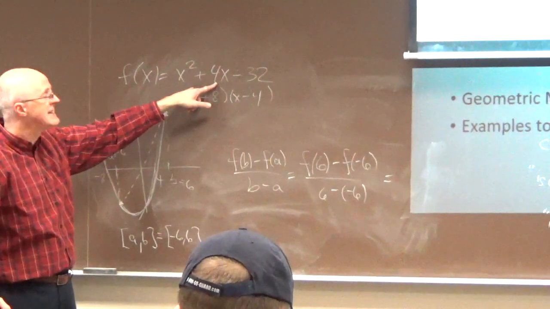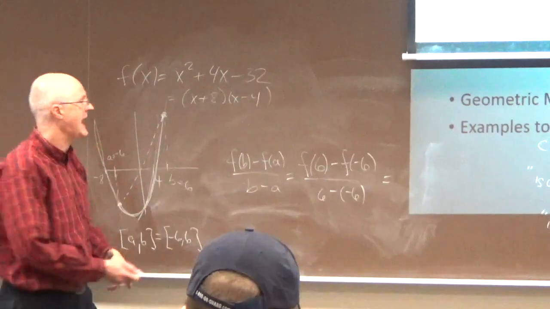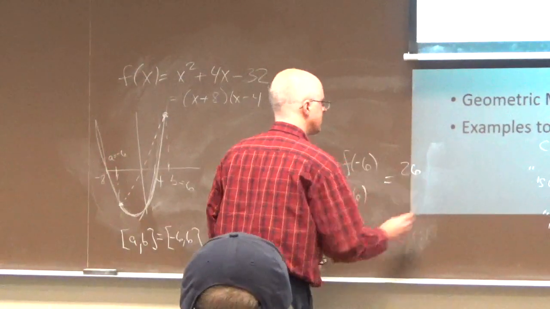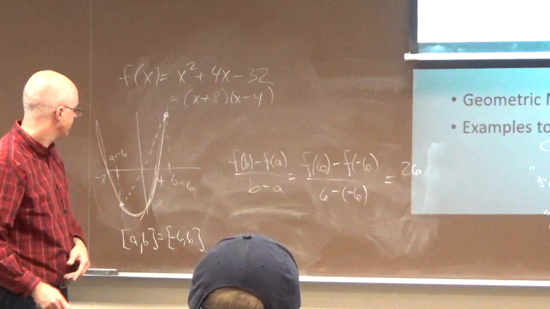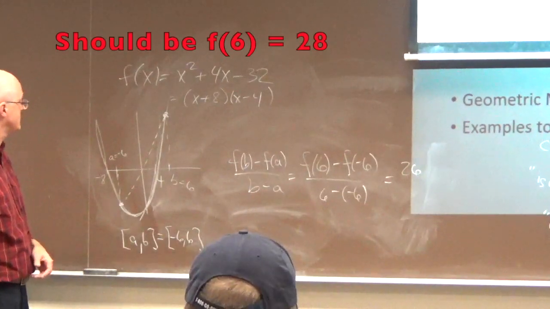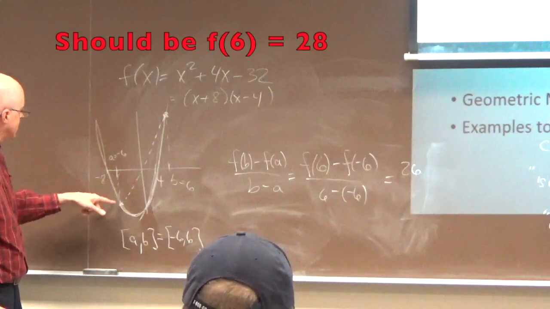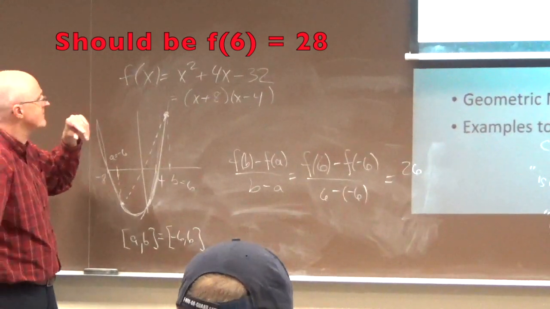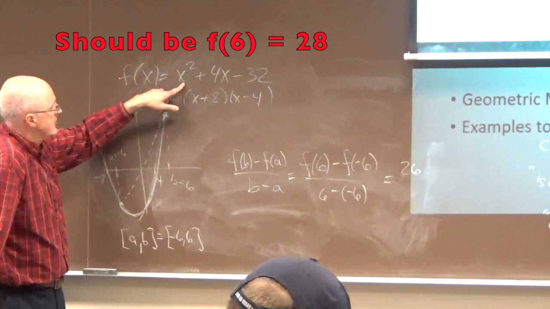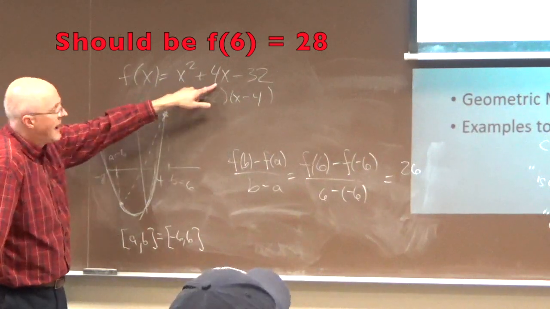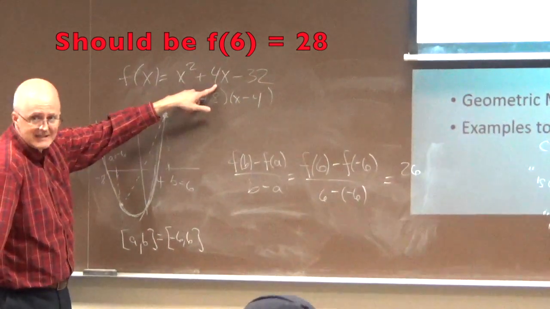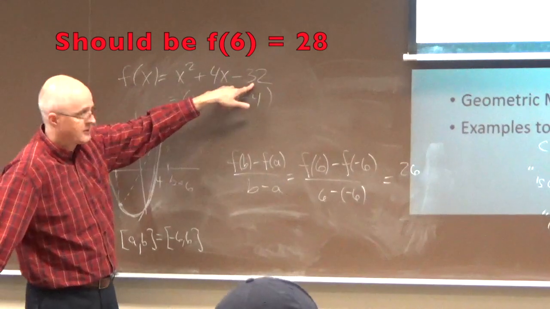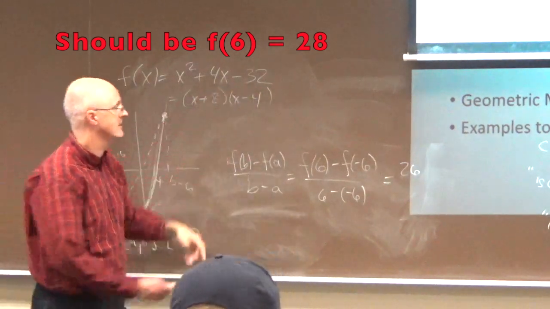Minus 32, that'll be 28 for f of 6. That can't be right. Oh no, okay, maybe it is. I was thinking it was this one. f of negative 6 better be negative. Negative 6 squared is positive 36. Minus 24 is positive 12. Minus 32 is negative 20.